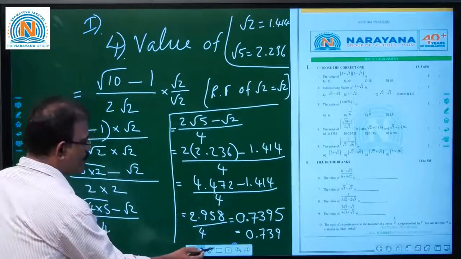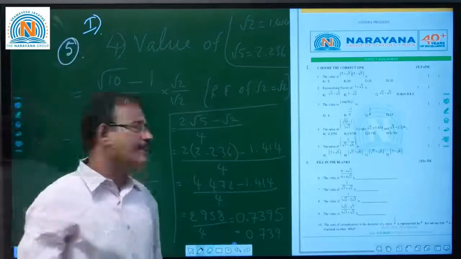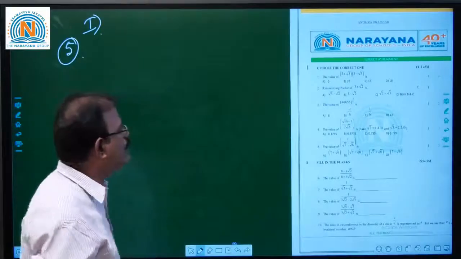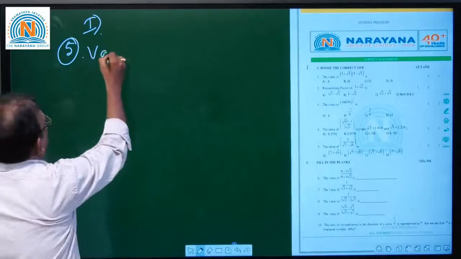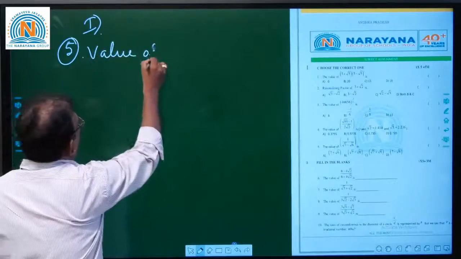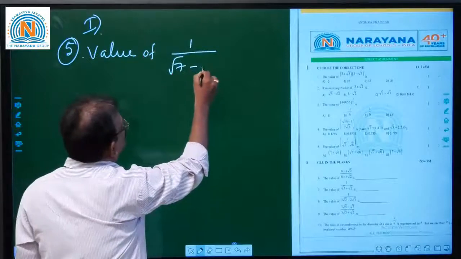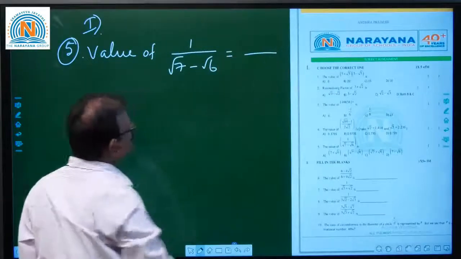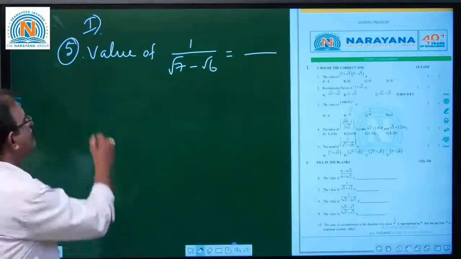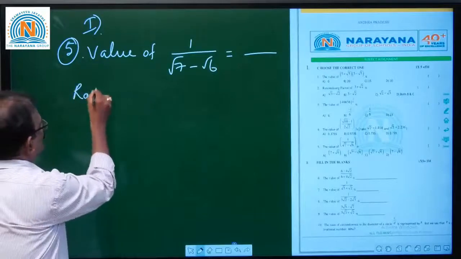Come back to the next question, the fifth question, children. What is the value of 1 by (root 7 minus root 6)?